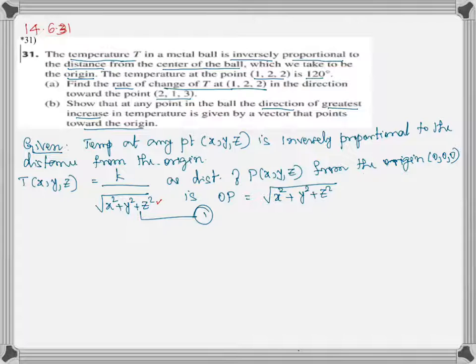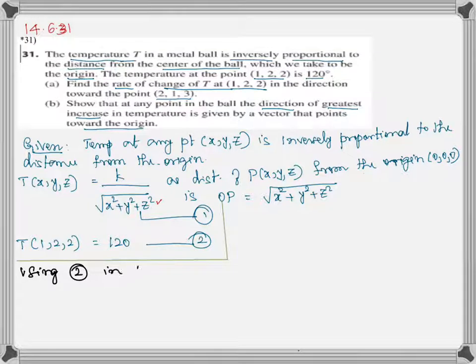We have to find out what this k is. We are given some information to find k. The temperature at the point (1, 2, 2) is given, which is equal to 120. So T at (1, 2, 2) is 120. We will use that information in equation 1. We substitute (1, 2, 2) for x, y, z and equate that to 120, and we'll find out what k is.